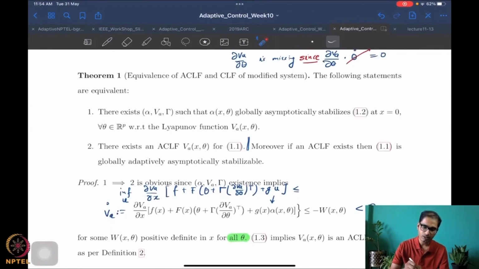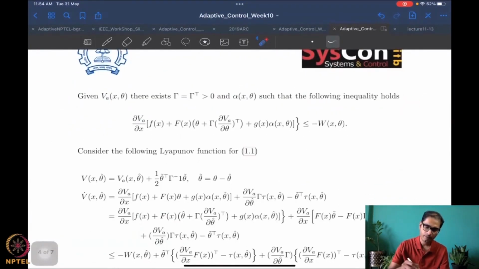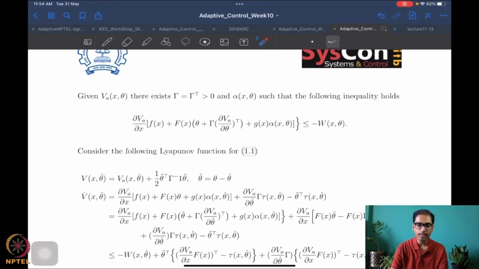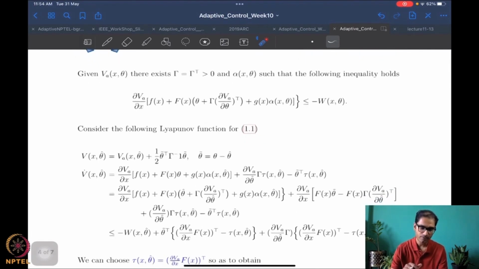Existence of an ACLF implies all of this happens, which means that you have this sort of a relationship holding with this gamma and alpha. All right. So now what we do is we consider a Lyapunov function for the original system. And what is this Lyapunov function? We construct it in a specific way.